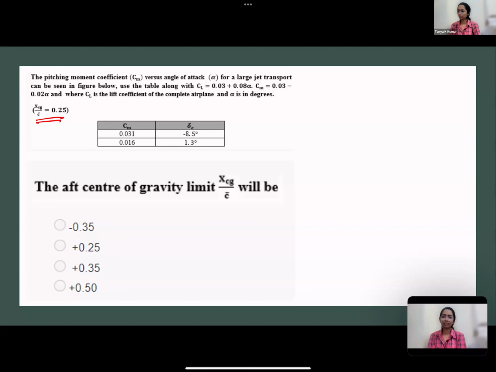Think about it. This is the last question we'll be dealing with today. Just think about it. So in terms of CG, what is the condition for stability?